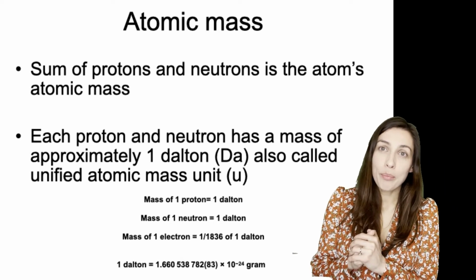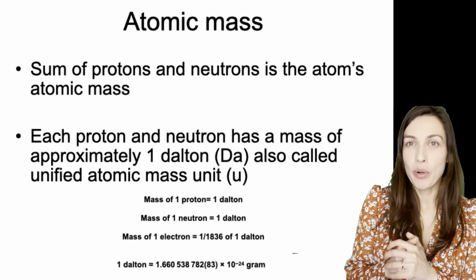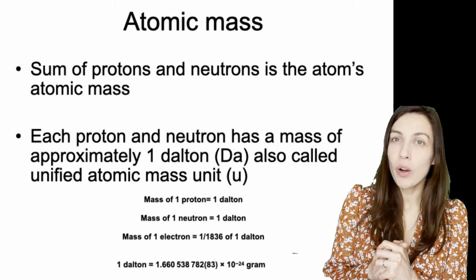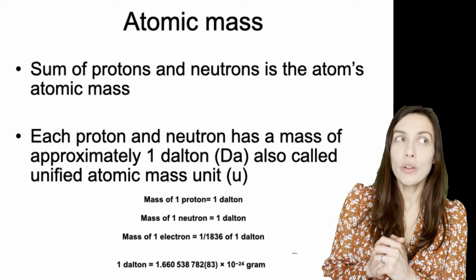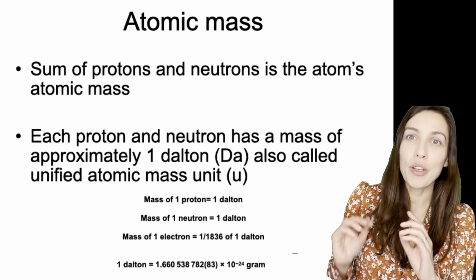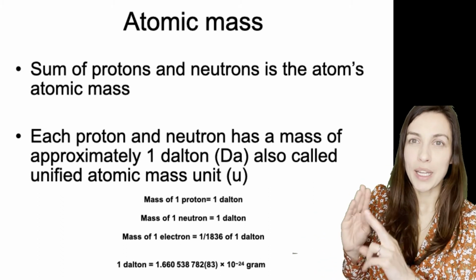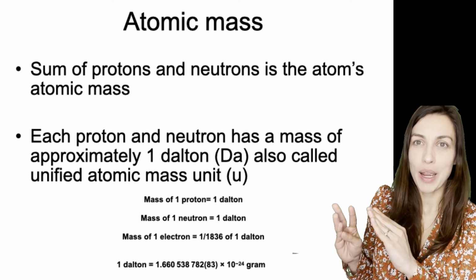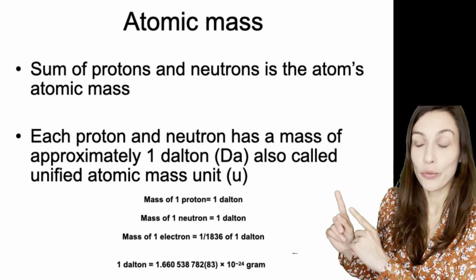One proton has a mass of approximately 1 Dalton, or it's also called the universal atomic mass unit. We don't need to worry about that, but if you're curious about what that really means in comparison to things that you might be more familiar with, it's here for you.